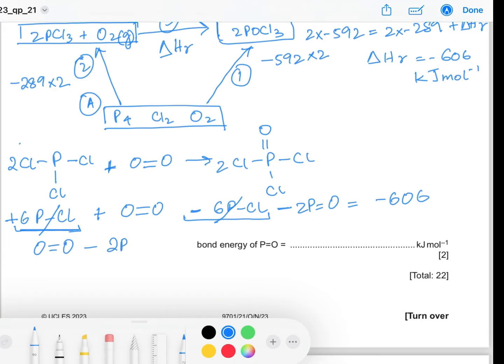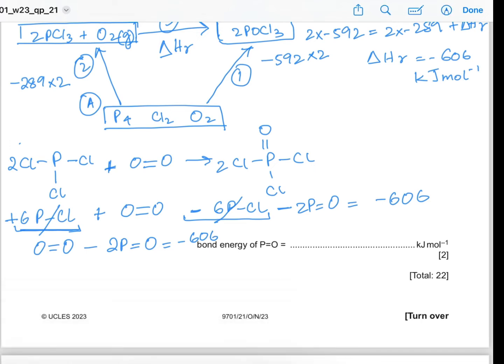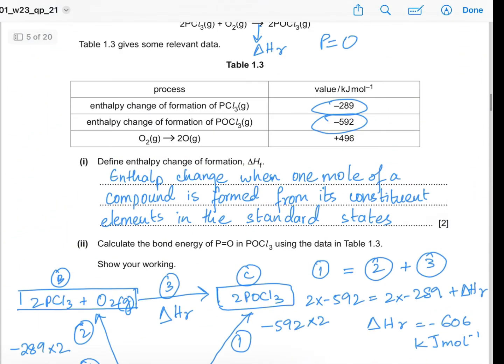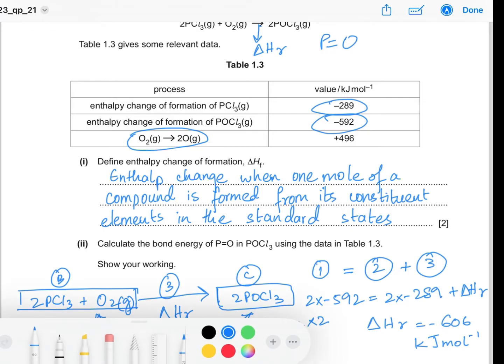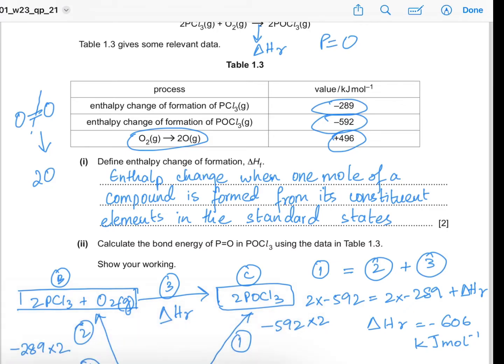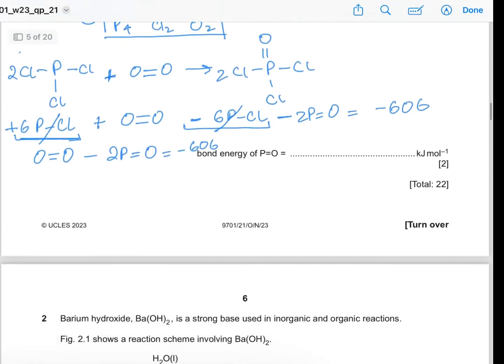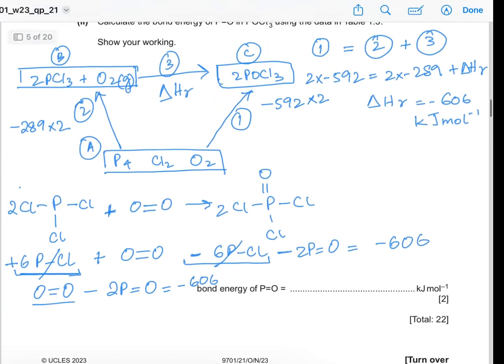From that you will subtract the bond energy of 2 phosphorus oxygen double bonds, and this is equal to negative 606. The table provides you with the bond energy value of oxygen double bond, so the table tells you to break oxygen molecule into 2 oxygen atoms, you will need 496 kilojoule per mole of energy. In other words, this is the energy required to break the oxygen double bond to result in 2 oxygen atoms.